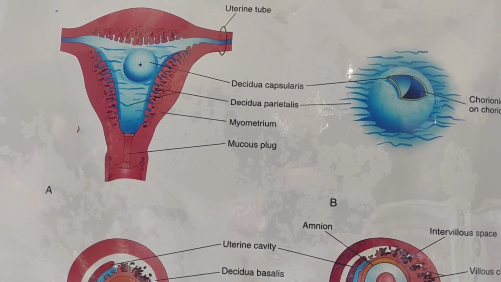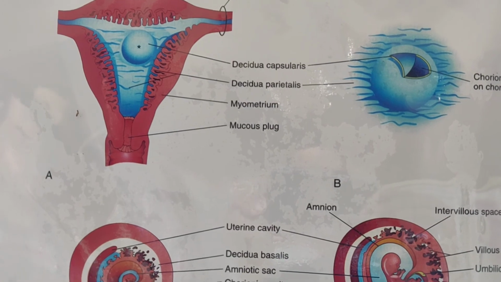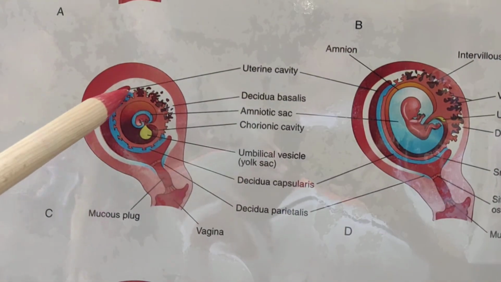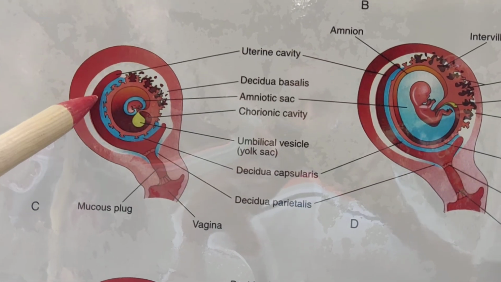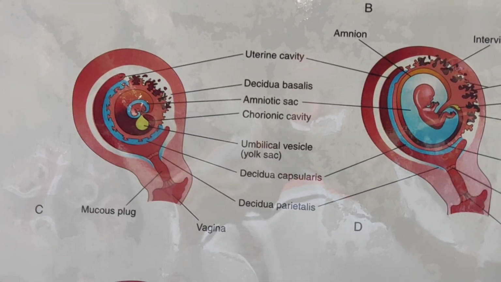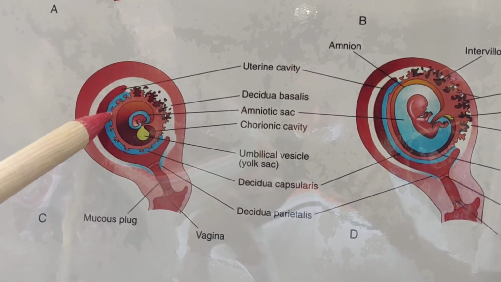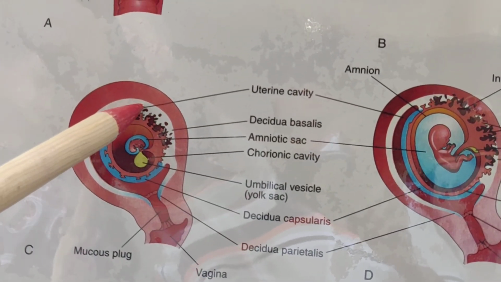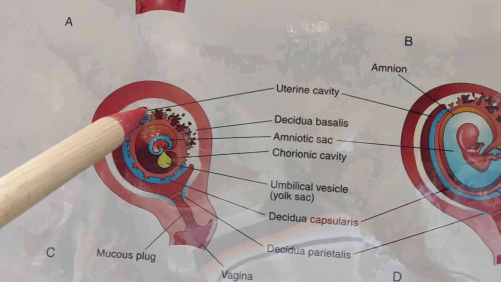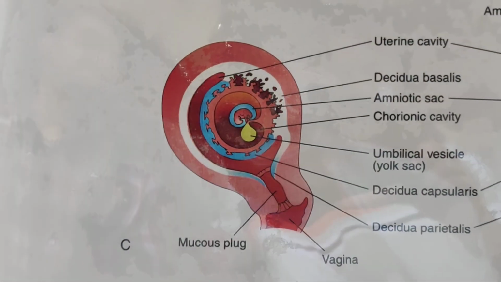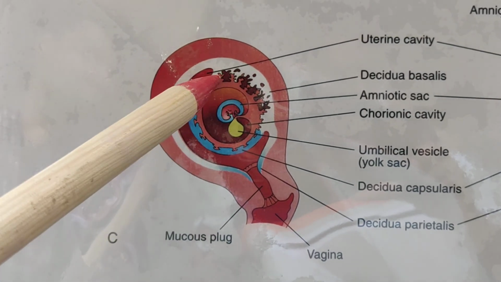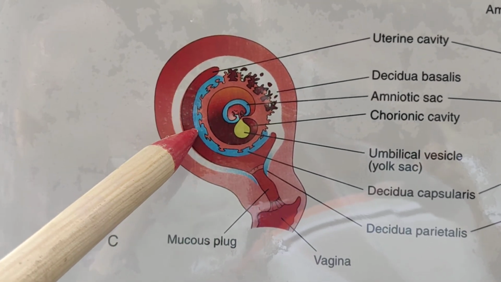Now in the lower diagram, see the formation of the chorionic villi. Initially it is present throughout the chorion, and this is the region of the chorionic villi in the decidua basalis region. These villi proliferate rapidly while this part degenerates.